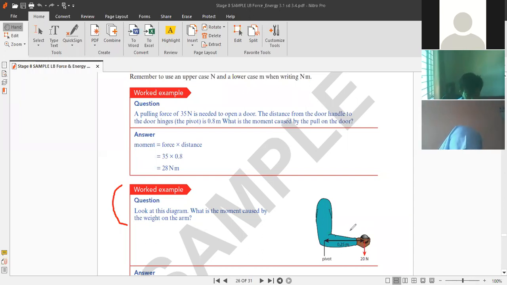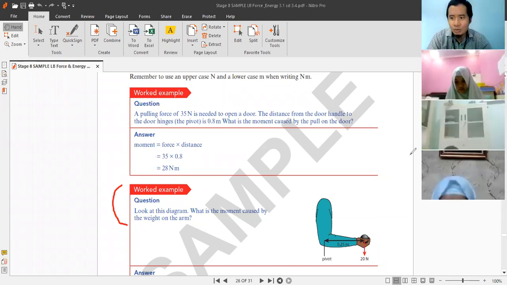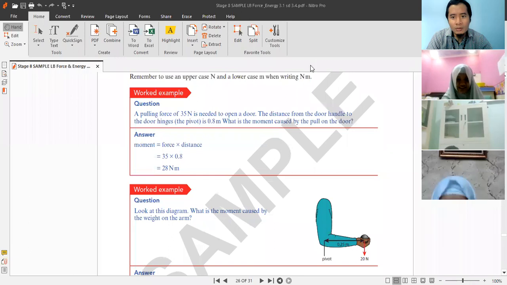The moment. So there are two quantities here, Mbak Alisa: 0.25 meters and 20 newtons.